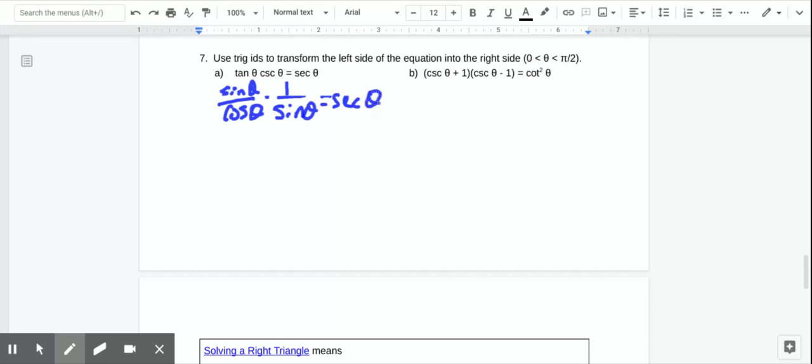So we do that. Then notice the sines are going to cancel out. So we get 1 over cosine, and 1 over cosine is the same thing as secant. So we have turned the left side of the equation into the same thing as the right side. Mission accomplished. We're going to try the next thing on the other side.